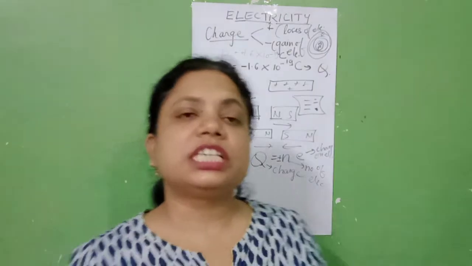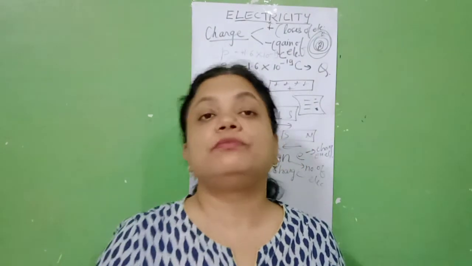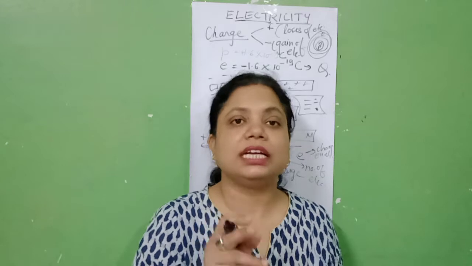As we know, the charge on the electron is minus 1.6 into 10 to the power minus 19 coulomb.